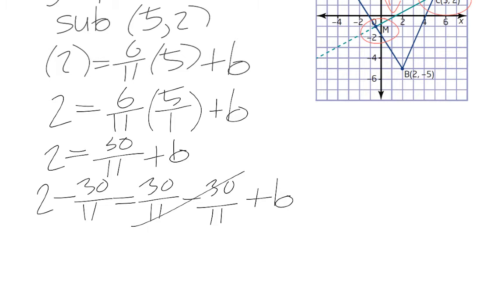Those cancel out. To subtract 30 over 11 is a little bit tricky. You need to change 2 into a fraction. I'm going to write that over here. So 2 as a fraction is 2 over 1, but remember, before you can subtract or add fractions, you need a common denominator. The lowest common denominator of 1 and 11 is 11, so that becomes 22 over 11.